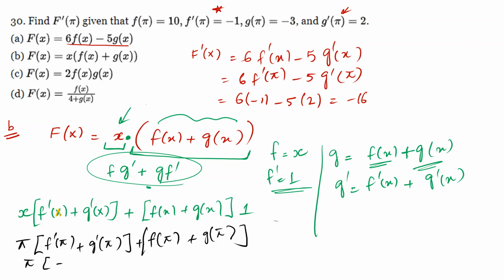It is -1 from the question here. g prime of pi is 2, plus f of pi, here it is 10, plus g of pi is -3. So plus minus minus. Write it in the calculator and just get the answer.